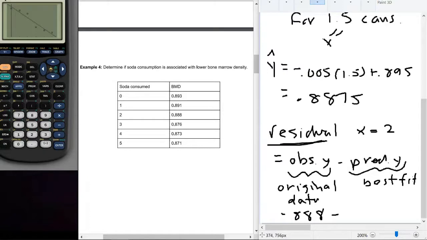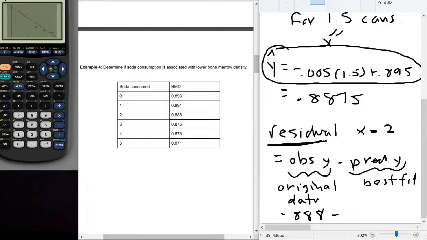For the best fit, there are a couple of things you can do. To find the predicted y, you can take your predicted equation, and in here, you'll plug in 2 this time. When you plug in 2, that's going to give you your predicted bone marrow density for 2 sodas consumed.